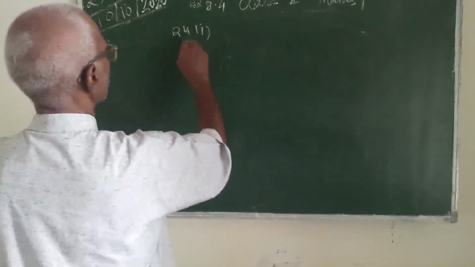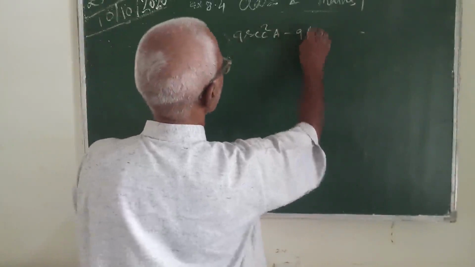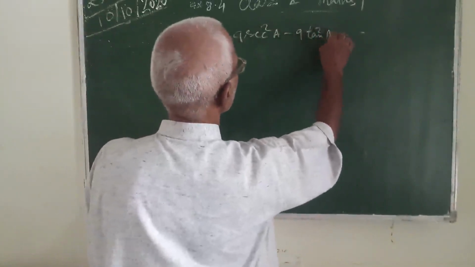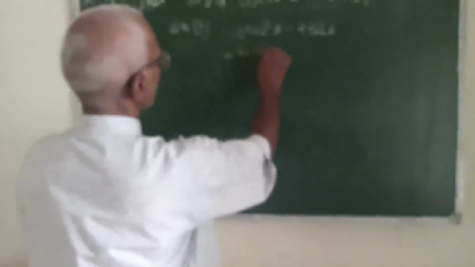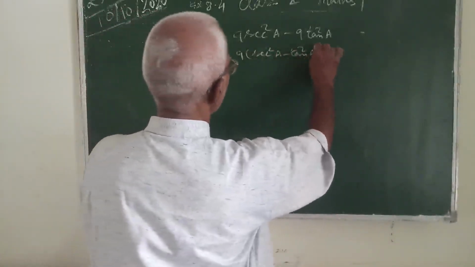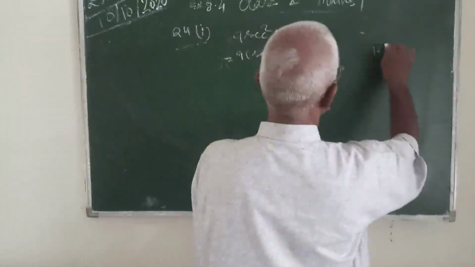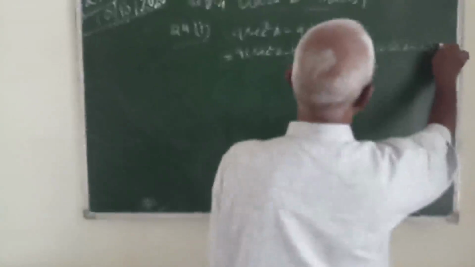Question number 4, part 1. 9 sec square A minus 9 tan square A is equal to how much? So here you take 9 common, sec square A minus tan square A. There is a formula, 1 plus tan square theta is equal to sec square theta.